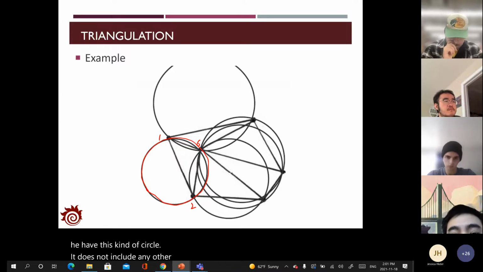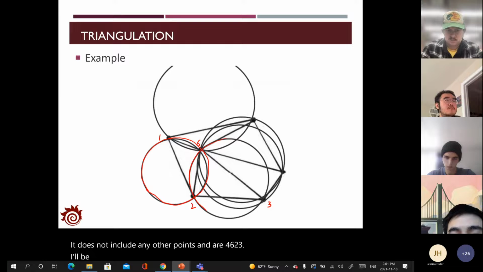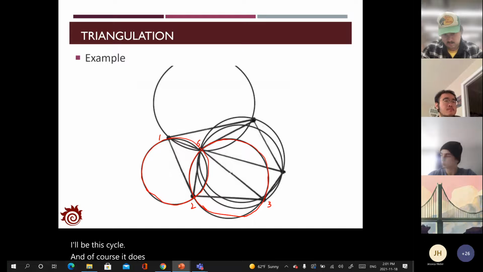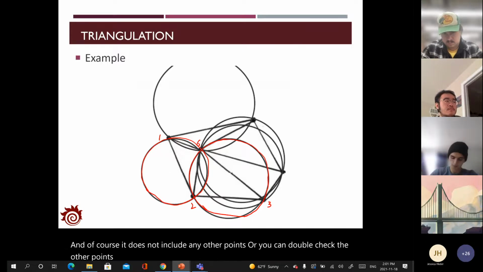And for 6, 2, 3, that will be this circle. And of course, it does not include any other points. You can double check the other points. You will find that this kind of triangulation is totally fine.